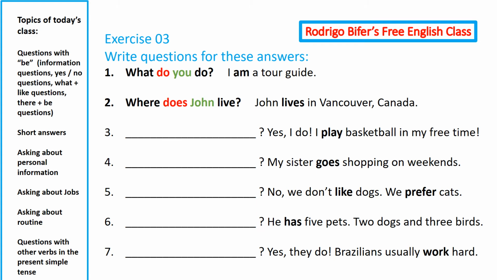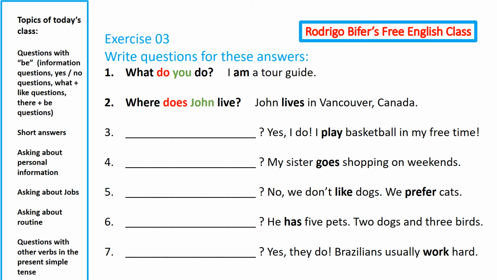Number 3 is not an information question. Number 3 is a yes/no question, because the answer is yes, I do. So the question begins with the auxiliary do, and the question in number 3 has no question word. There's no what, where, how, why, when, nothing, because otherwise it would be an information question.